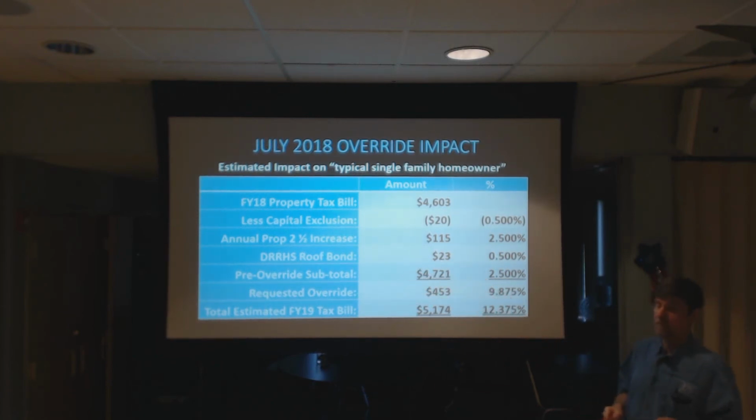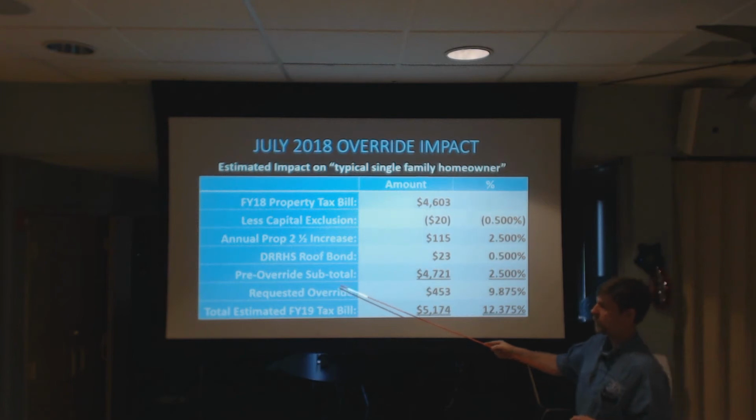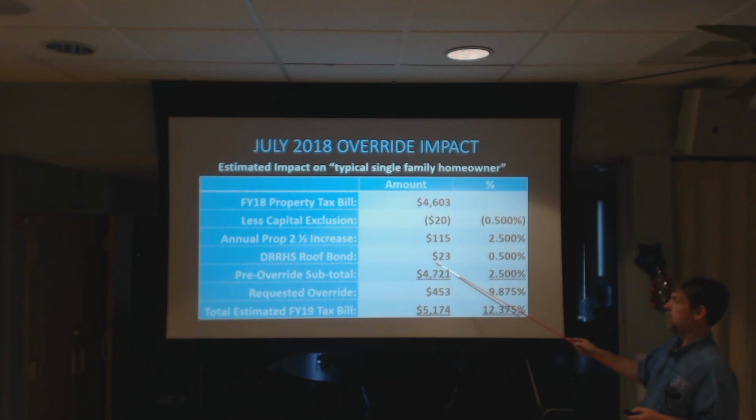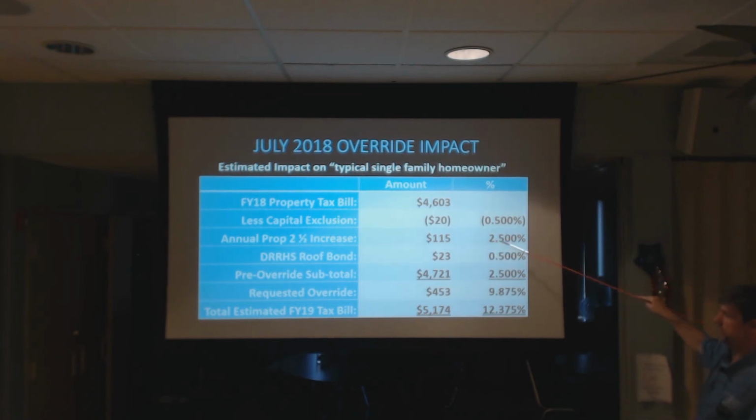And then we have the roof bond that we just passed for the high school roof, which adds about $23. So the pre-override subtotal is about a $4,700 tax bill, about a 2.5% increase, because roughly 0.5% falls off of the capital exclusion and 0.5% comes on for the roof bond. Those cancel one another out, and all you really see is that 2.5% increase.